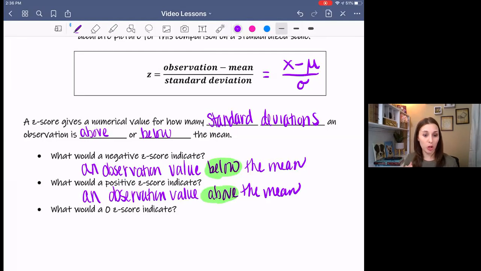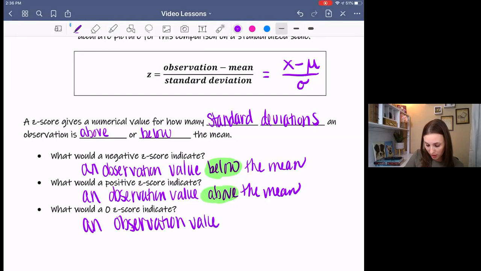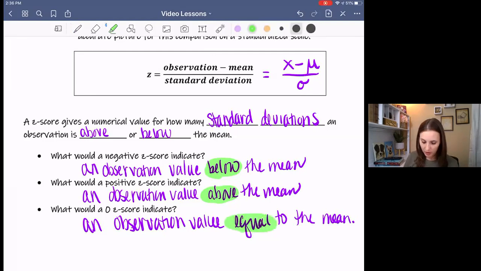Is it above, below, or the last option, if you get a z-score of 0, then that means that you have an observation value equal to the mean. So there's kind of an introduction to z-scores.